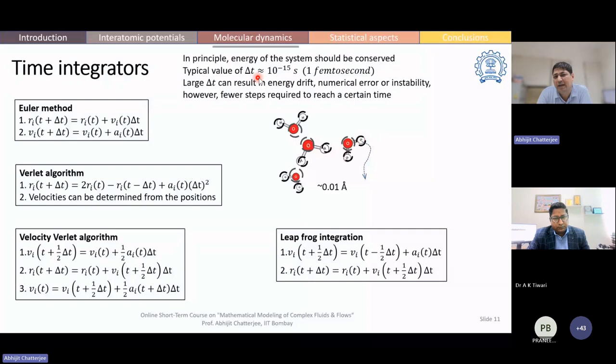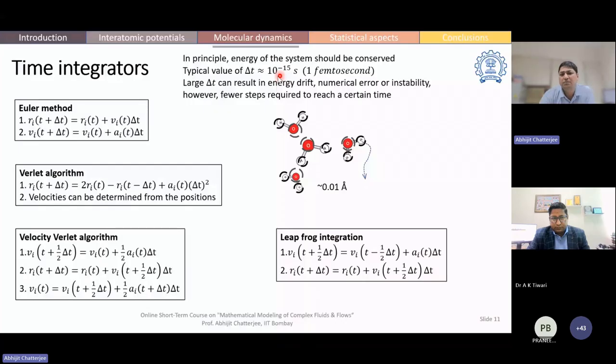So a typical value of time step is about a femtosecond, which is 10 to the power minus 15 seconds. And if we were to do about 1 million such steps, then we would reach nanosecond, which is 10 to the power minus 9. And if we were to do about 1 billion of such steps, then we can reach microsecond. And so microsecond is typically the standard time scale you can reach with such an integration scheme.